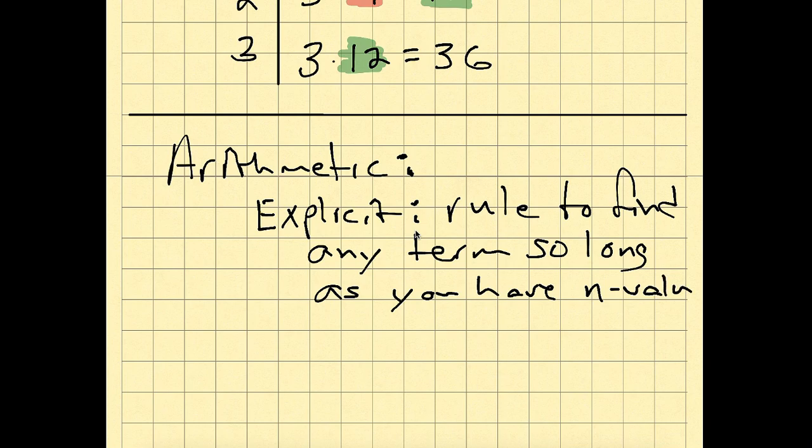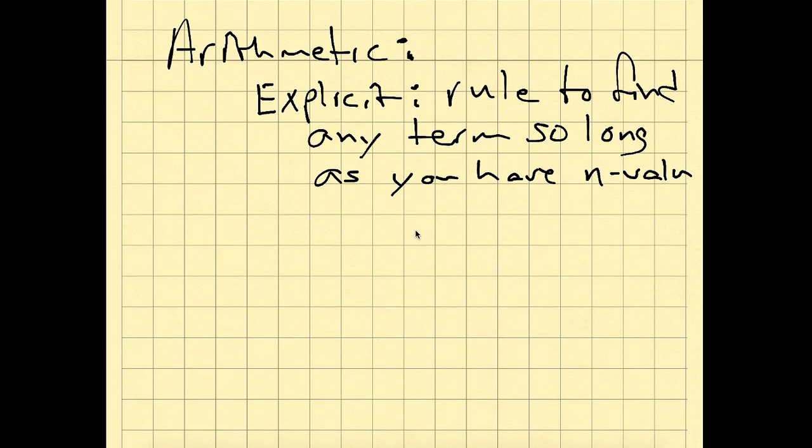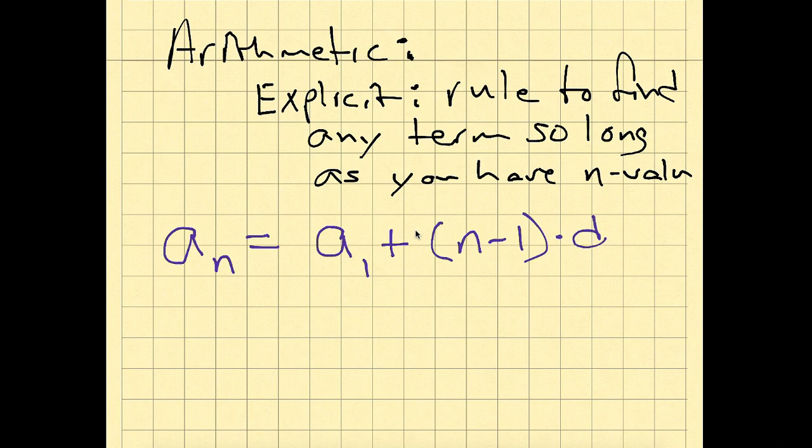Okay, so as long as you have an n value. So what I mean by that, before I do that, for an arithmetic sequence, the nth term is equal to the first term plus n minus 1 times the common difference. That's an explicit formula for an arithmetic sequence. You need to know the first term, you need to know the common difference.